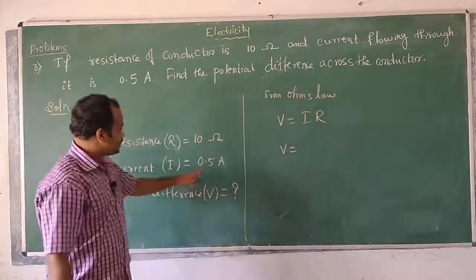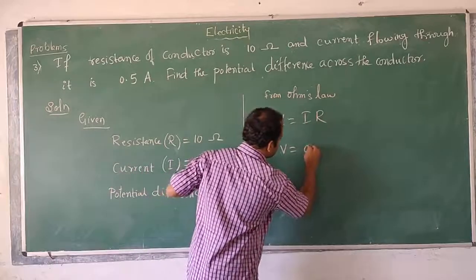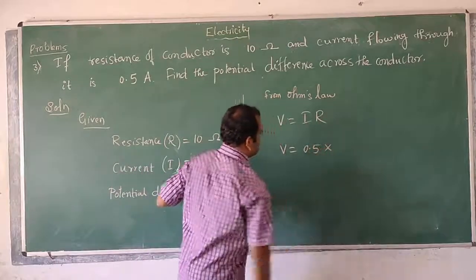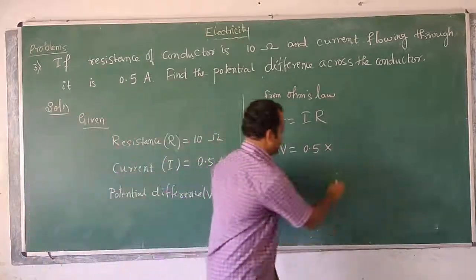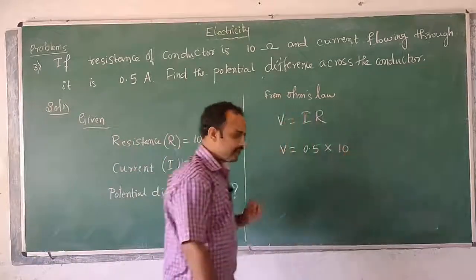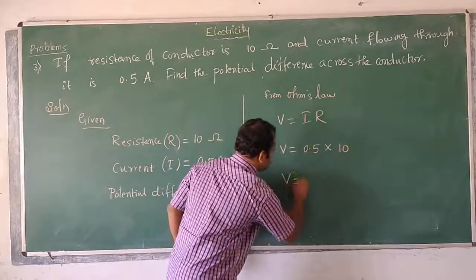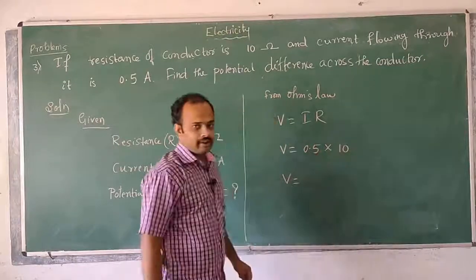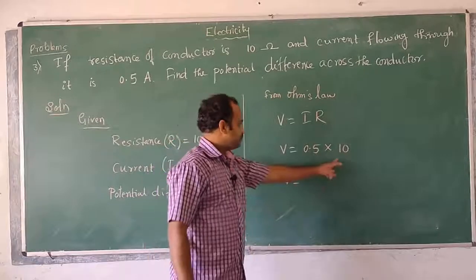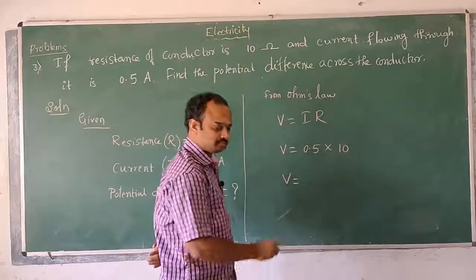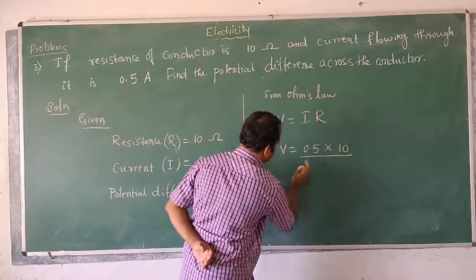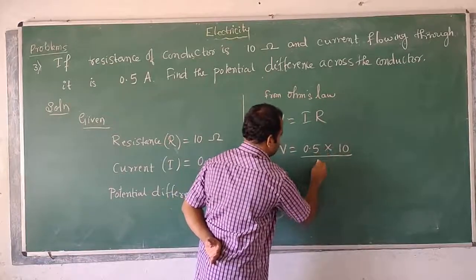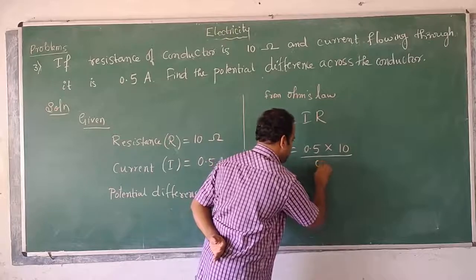I is 0.5, into R, which is 10. Therefore V equal to 0.5 into 10. Ten fives are 50.